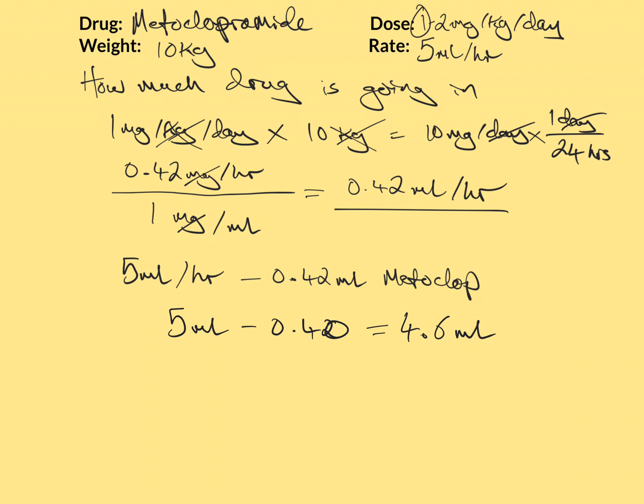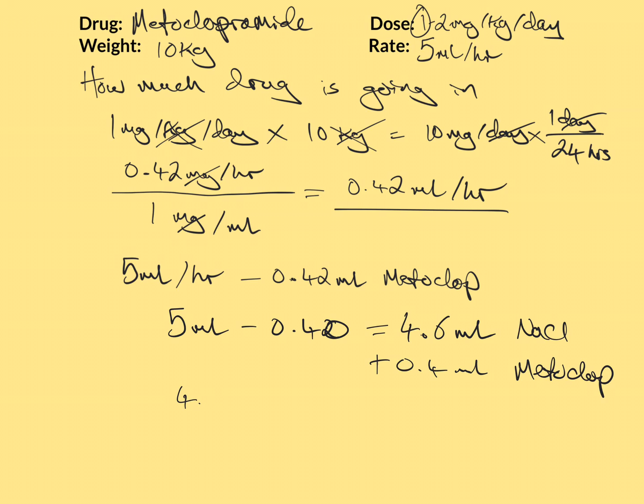So all we're going to do is get a syringe. We're going to pull up 4.6 mils of saline or Hartmann's or whatever you want to administer, plus 0.4 mils of metoclopramide. If you've got a 10 mil syringe or a 50 mil syringe or a 60 mil syringe, then all you have to do is multiply each one of those by that number.